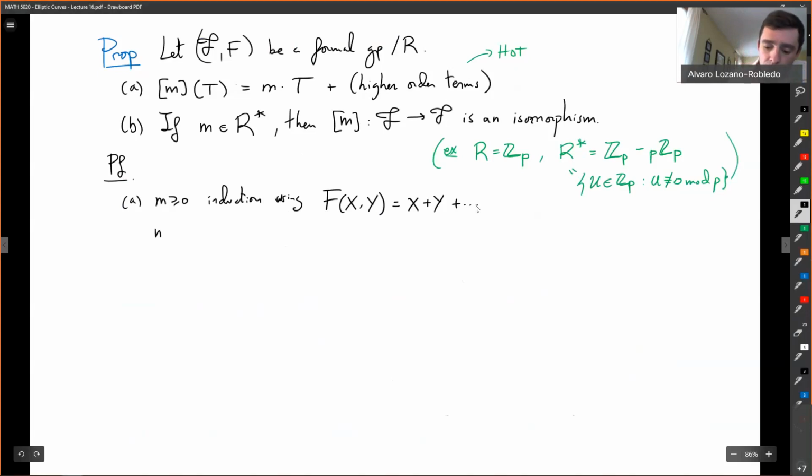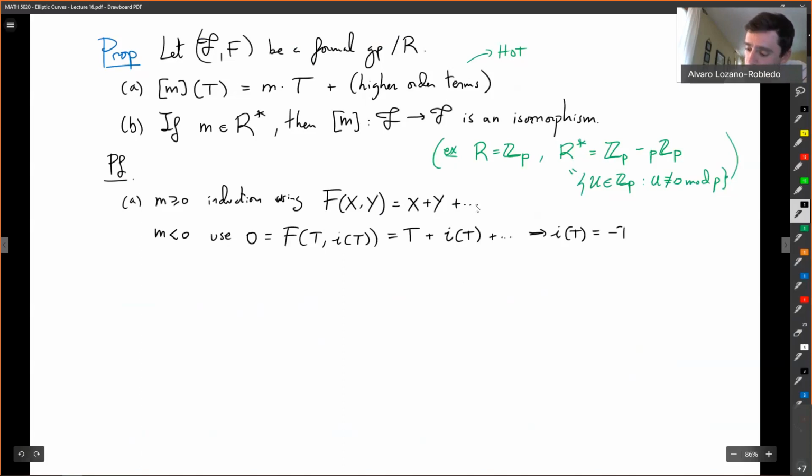And for m less than 0, you can use the fact that f of T and i of T, because i is the inverse, gives you 0. This is T plus i of T plus higher terms, and therefore i of T must start with minus T plus, and so on.